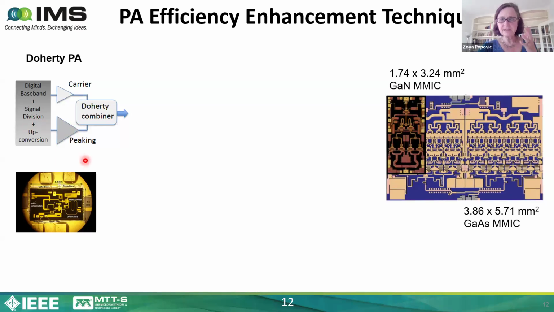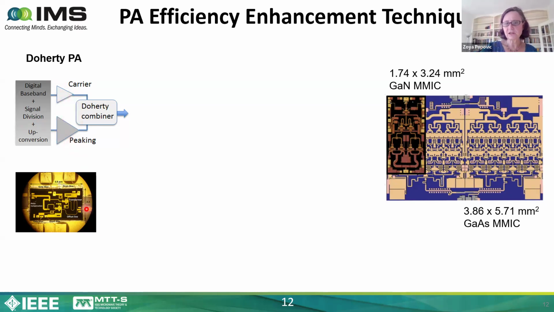Basically, up to some average value of the input signal amplitude, the carrier amplifier amplifies the signal, so this little one. Then when the signal peaks, the bigger one takes over, and this is done in a way that keeps both of them as efficient as possible.